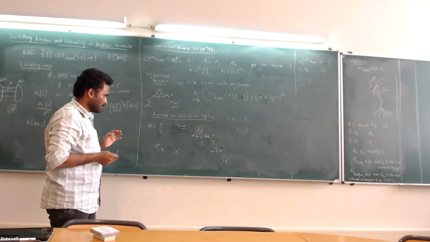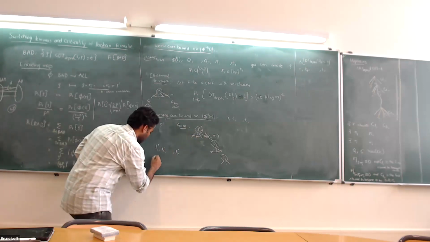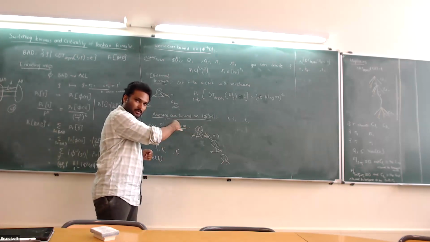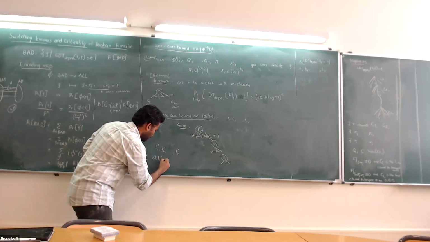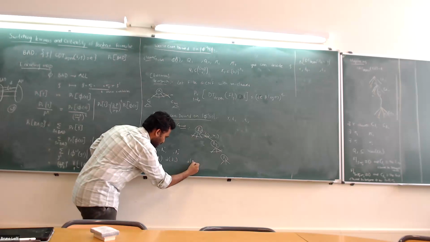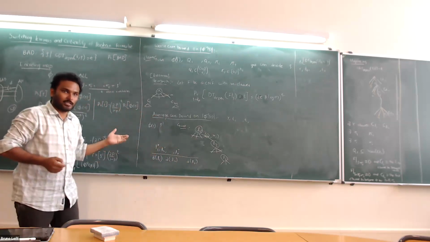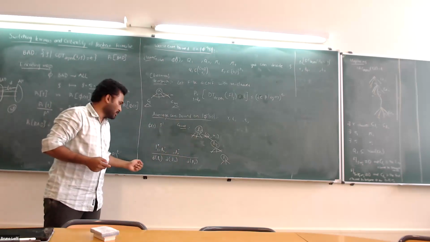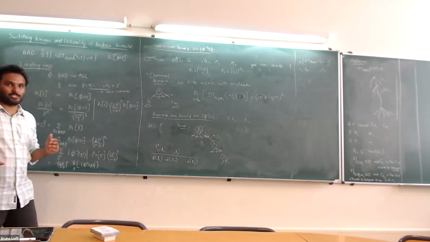Let's say D of L1 is the degree of this node, the number of children of this node. We are interested in this right here. L1 star to LR star is that choice of nodes in this tree which maximizes the product of its children.